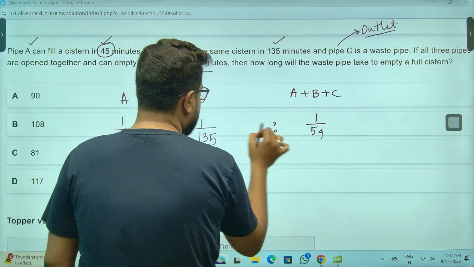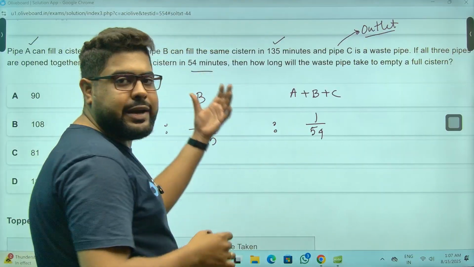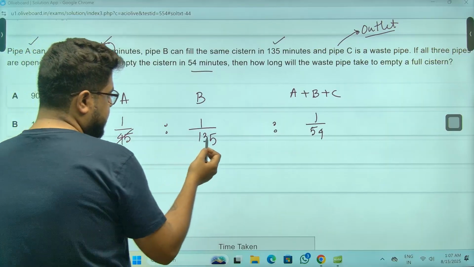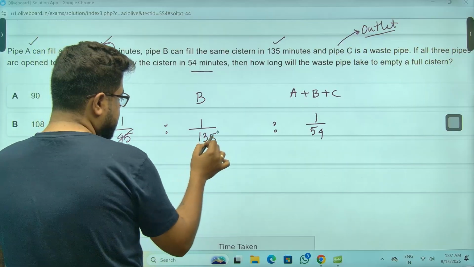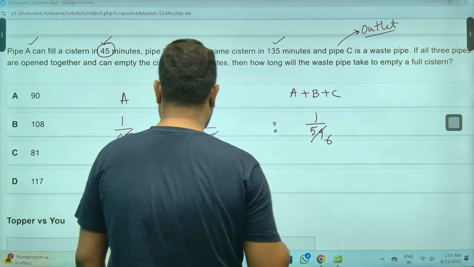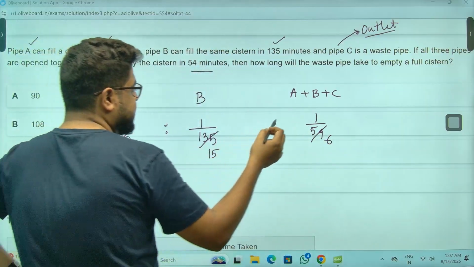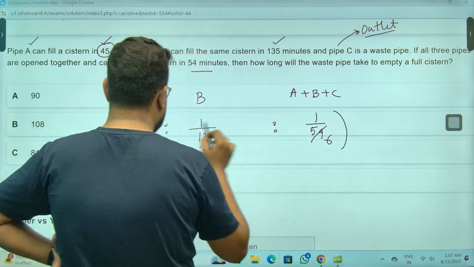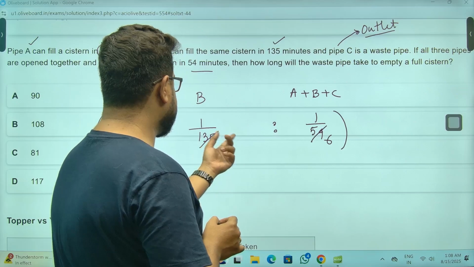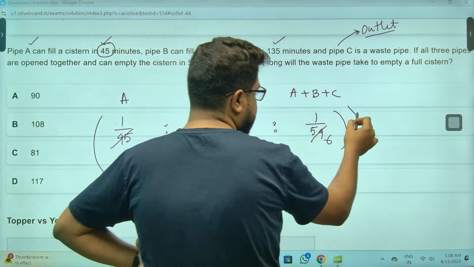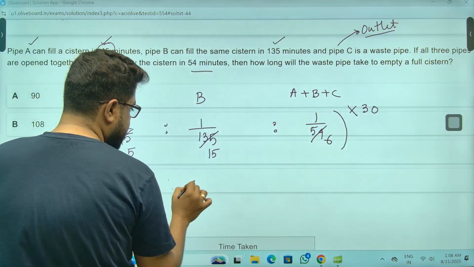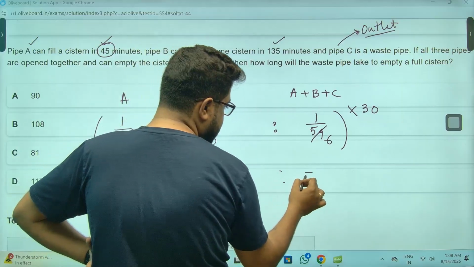Cancel, sir. Why? Because efficiency ratio is the inverse of the time ratio. So 9 will cancel, I guess. 5 nines at this, so this is 15 nines at this. This is 6. Multiply with 30, the LCM. So this will be 6, this will be 2, this will be 5.